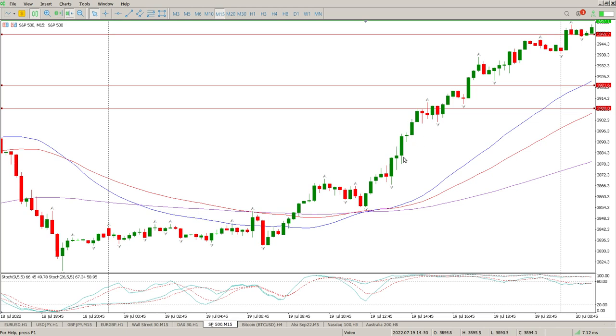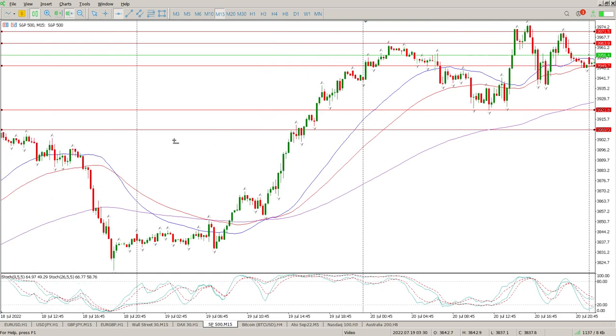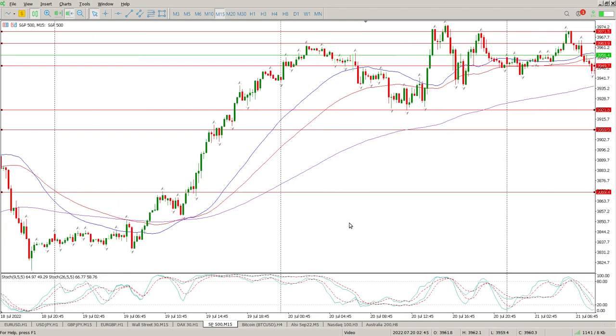So there are two gaps here on the lower time frames, and if I'm not mistaken, there's one here as well, a very small one. But there's another one there. So there's quite a few gaps to the downside, and it's all the way down, probably into that area there.